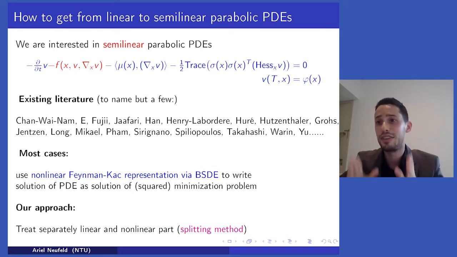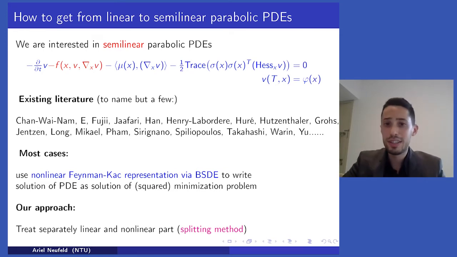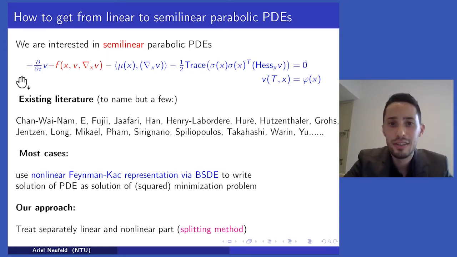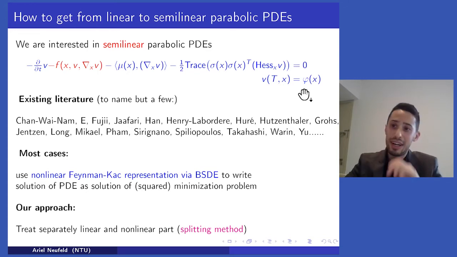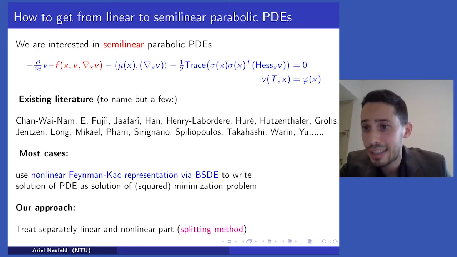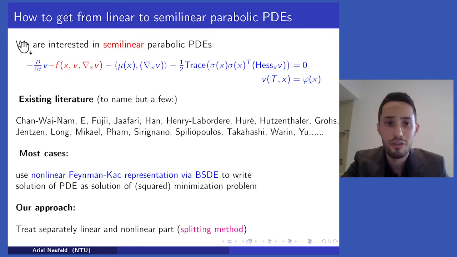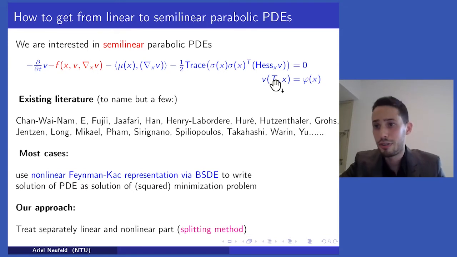Typically, prices of financial derivatives can be expressed as solutions of semi-linear parabolic PDEs of this type, depending on the model you choose, with corresponding sigma, mu, and f.